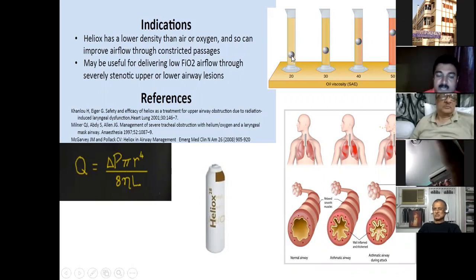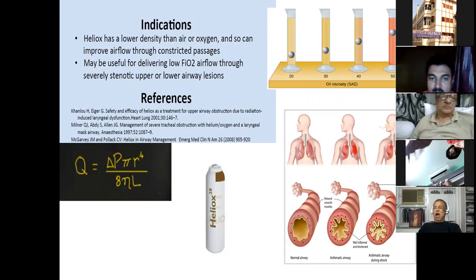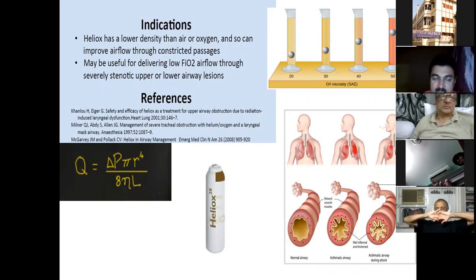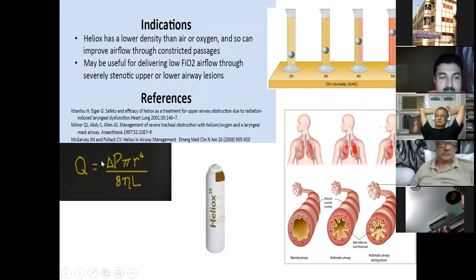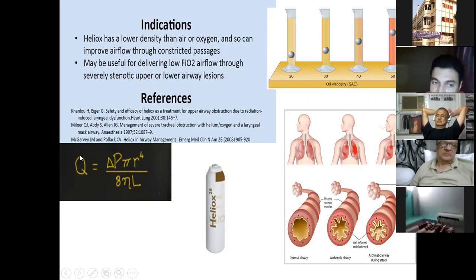Similarly, in case of heliox, the oxygen can move a longer distance in our respiratory tract if viscosity is reduced. So again I am repeating, in case of bronchial asthma, how heliox helps: the mixture of helium and oxygen will reduce this viscosity factor here, and as a result this ratio will be high and the volume delivered will be high.